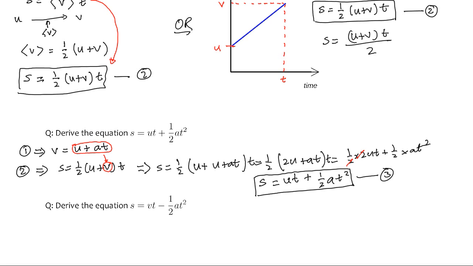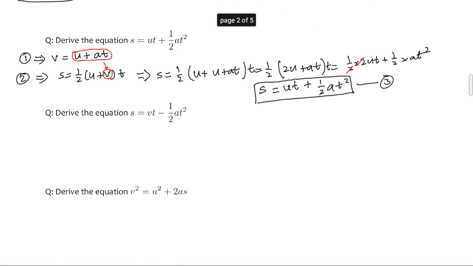Okay, next one is very similar, but here I take the first equation, which is v is equal to u plus at, and I make u the subject of this equation. So u is equal to v minus at, and I substitute for u in the second equation.